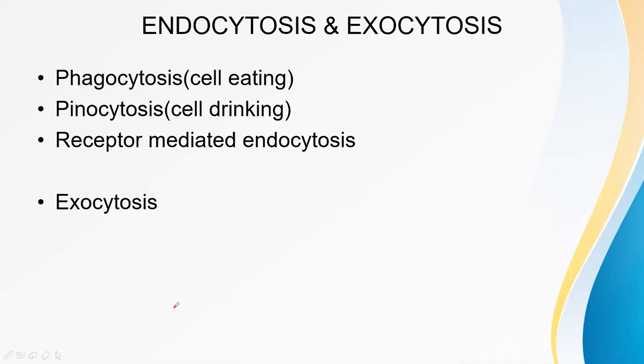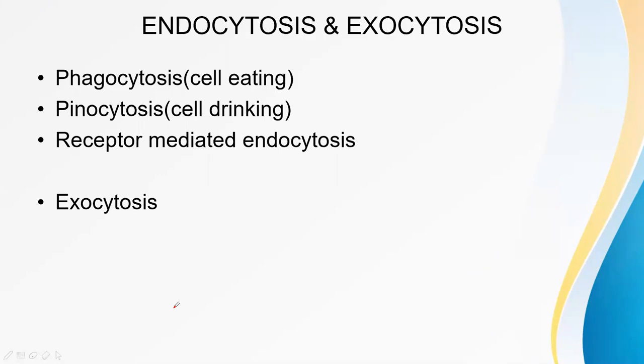So in receptor mediated endocytosis, the cell membrane produces small membranous vesicles, and these vesicles get the large size particles and bring them into the cytoplasm. Especially cholesterol is taken into the cell by this method, receptor mediated endocytosis.